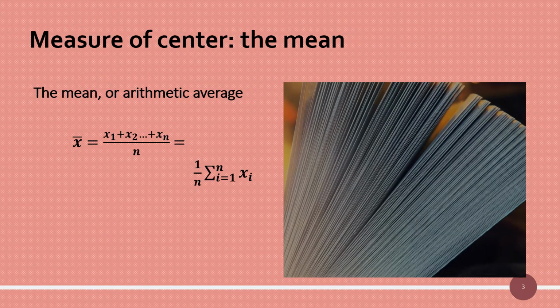The first measurement for the measure of center is the mean. The mean is the arithmetic mean, which is also called the arithmetic average. When we find the average, we add all the values and divide by the total number.